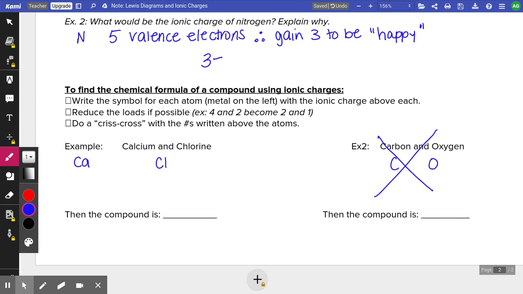It has 2 valence electrons, which means it wants to lose 2 electrons. So it's going to have a charge of 2+. Chlorine has 7 valence electrons, which means it wants to gain 1. So it's going to have a charge of 1-. And if it's 1, we don't write the number. We don't write 1, we just write a minus. Okay?